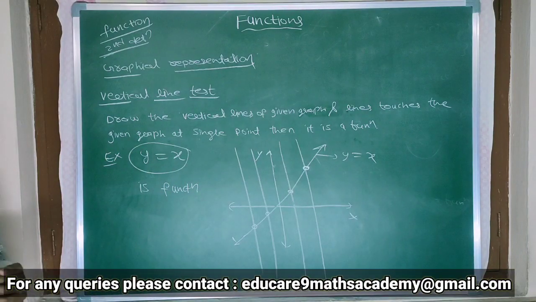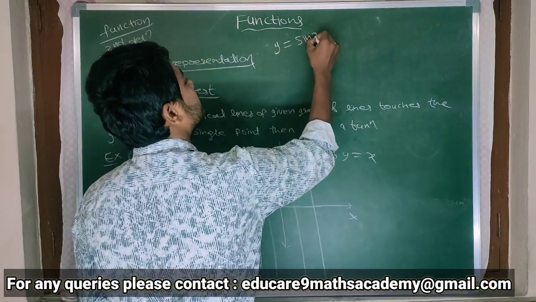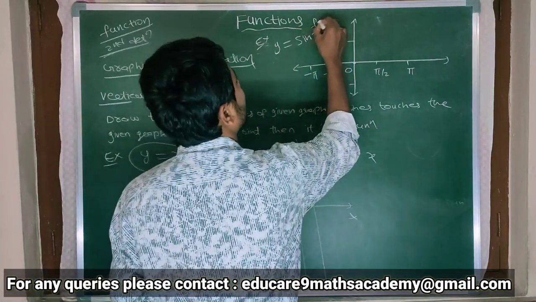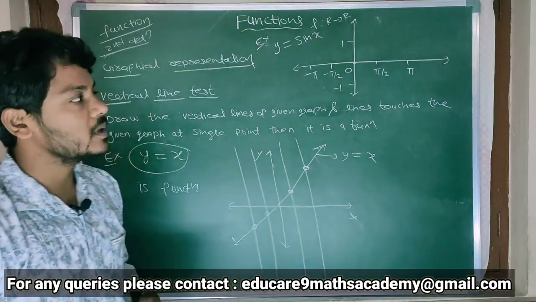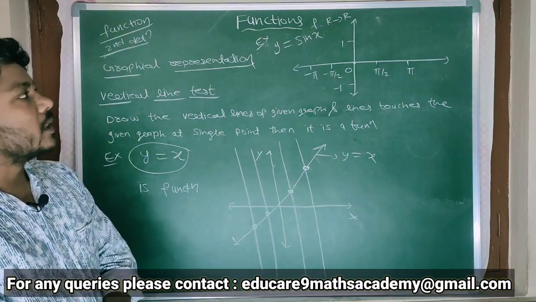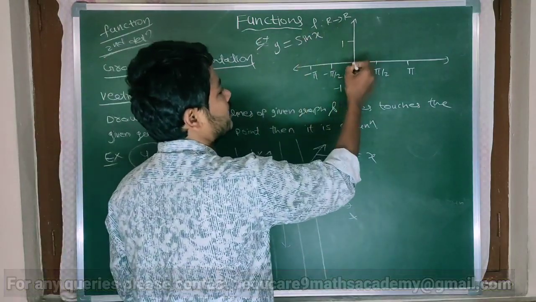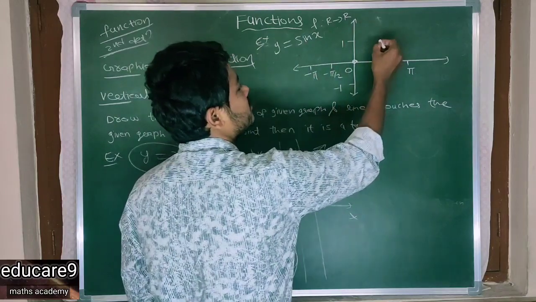One more example. If y is equal to sin x, here f is from R to R. Now draw the graph of sin x. At x is equal to 0, sin 0 is 0. At x is equal to 90 degrees, sin 90 is 1.